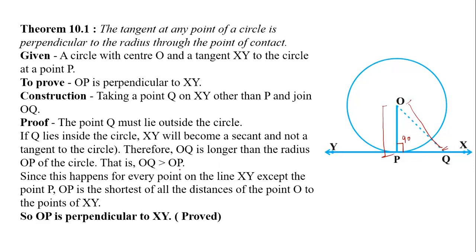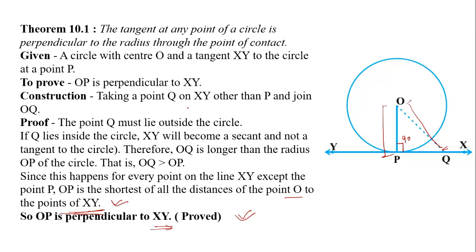So we can say that OP is the shortest distance from the point O to the points of XY. So this can also be called that OP is perpendicular to XY, because the shortest distance between two points is always the perpendicular distance.